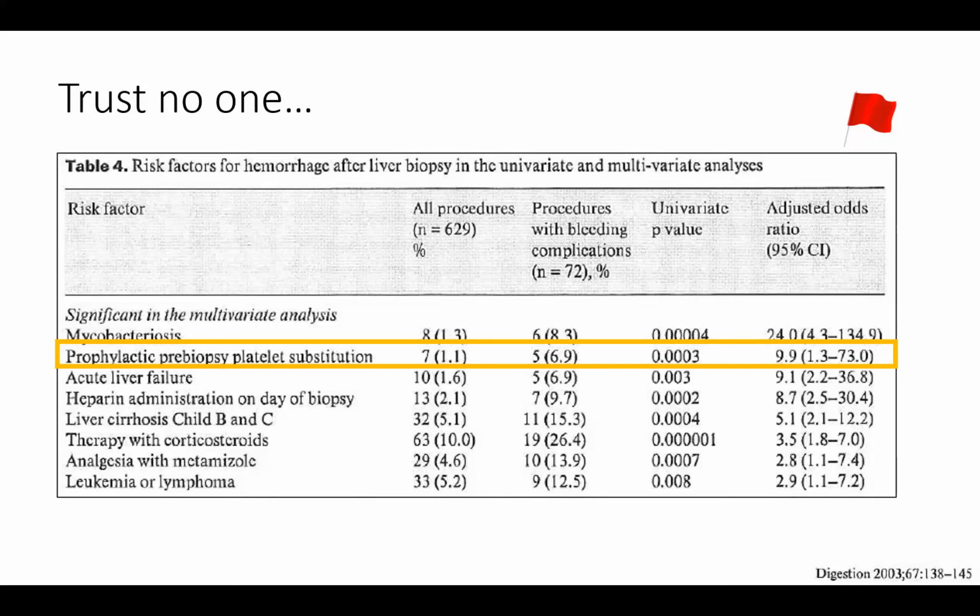If giving a platelet transfusion comes up as significant in their multivariable analysis, that very strongly argues that you can't explain how a platelet transfusion could cause bleeding, which means they haven't adequately controlled for things like how sick the patient was. So this shows evidence again that the multivariable model probably wasn't adequately controlled for.